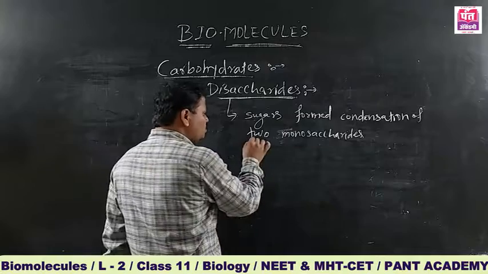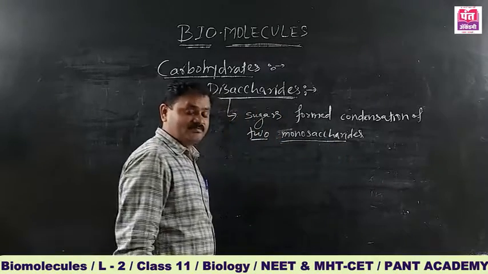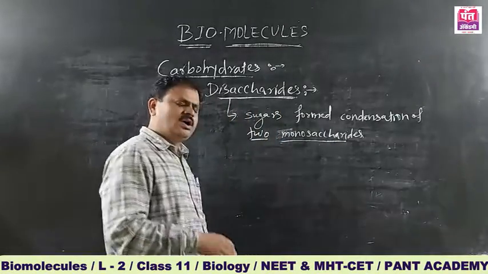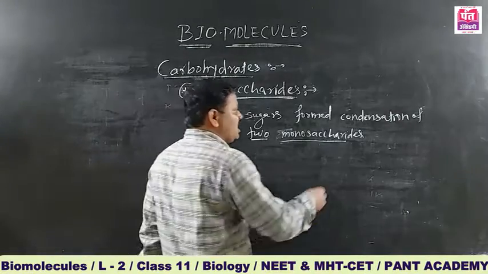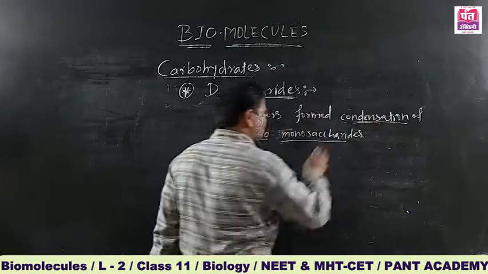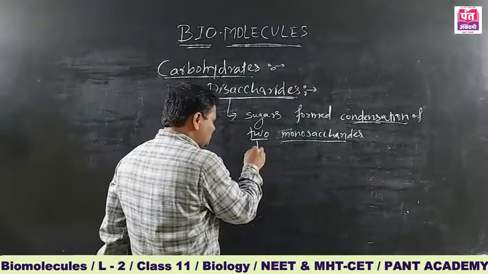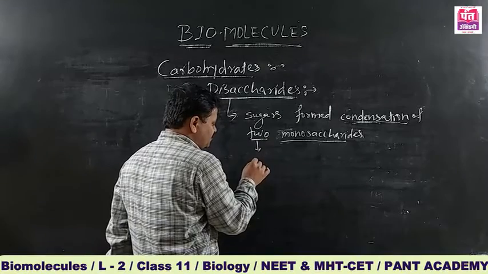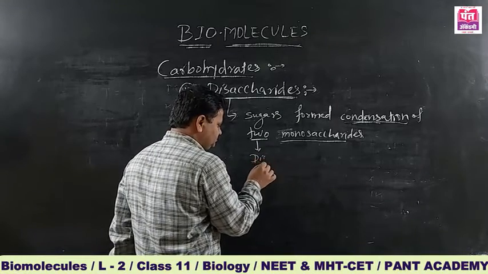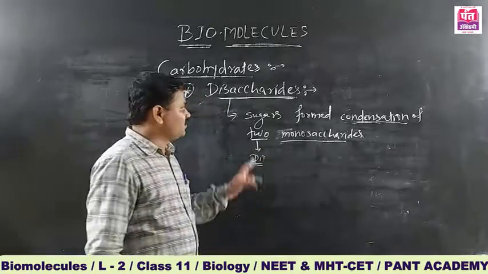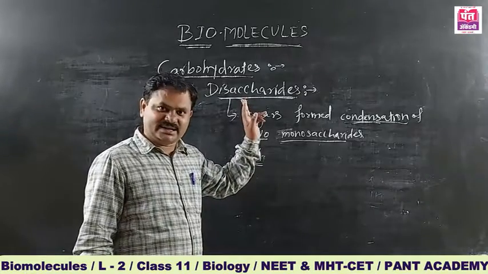Remember, two different monosaccharides or two similar monosaccharides condense together and form a disaccharide. Therefore, this 2 is represented by the prefix di, and these are called disaccharides.